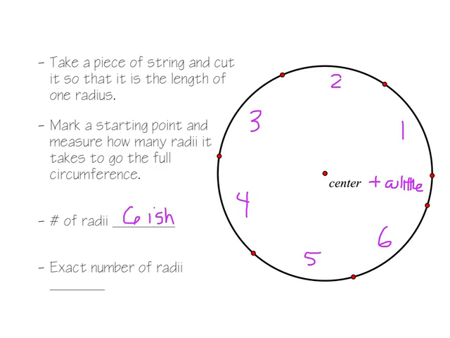But really what this is saying is, what is the circumference of the circle? Well, the circumference is 2 pi times my radius, which means that there are 2 pi radii that go around the circle. If you put 2 pi into a calculator, you're going to see that it's about 6.28, which is what that distance is, about 1/4 of a radius.